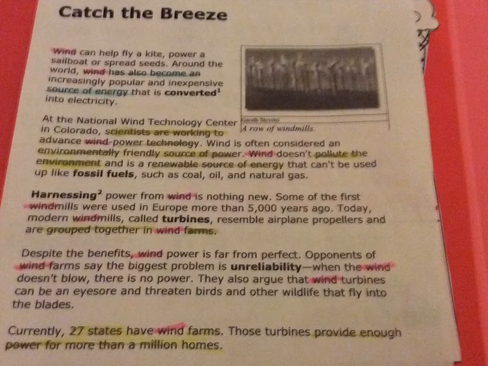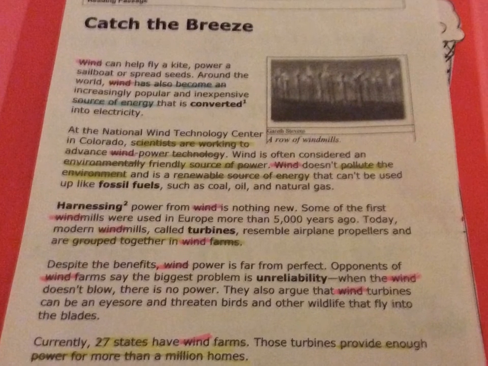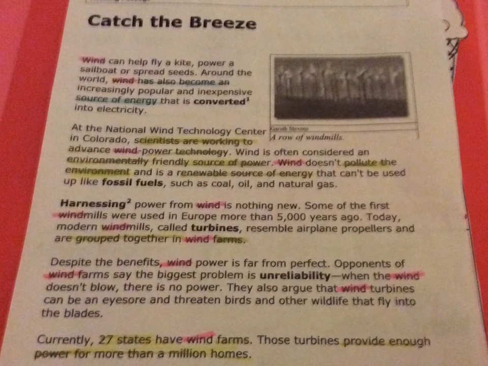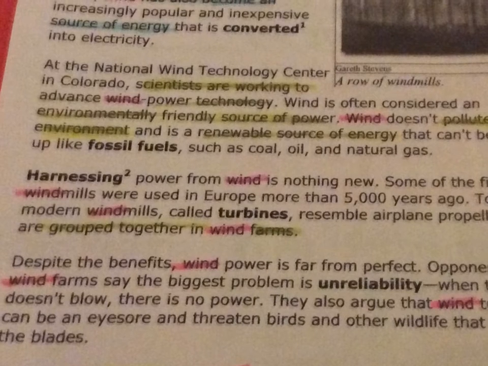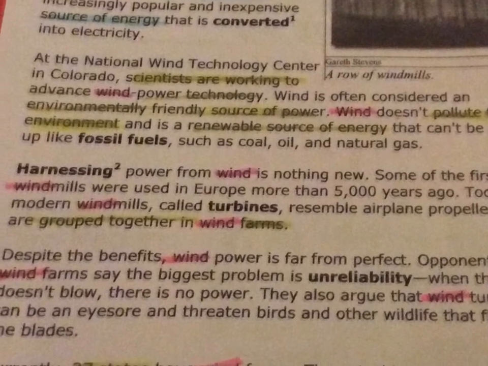Next, I went through and highlighted anything in the article that supported, that held up the idea that wind was being used as an energy source. And I have scientists are working to advance wind power technology. Wind doesn't pollute the environment, or is it environmentally friendly? It is a renewable source of energy.